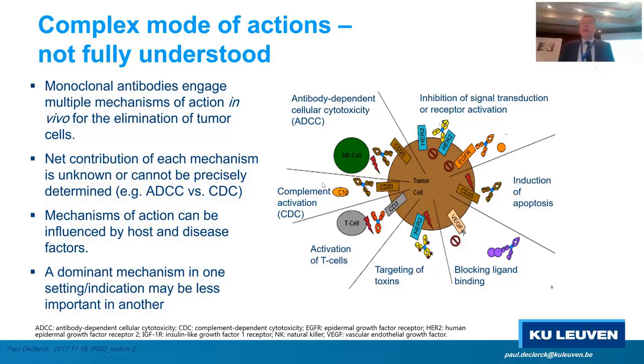If we then look at a complex disease such as cancer, with multiple cancers present, from a scientific point of view, I think we should be pretty humble and we should not try to state that we know the mechanism of action in detail for a particular molecule in all the different cancers. So there will always be some question marks.